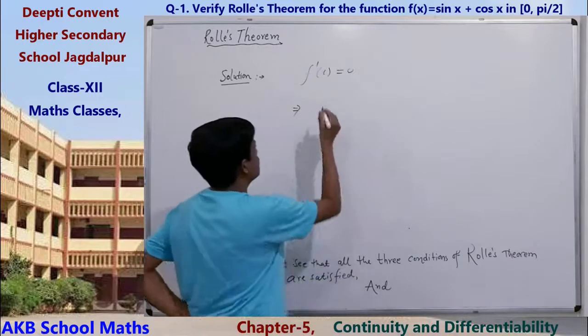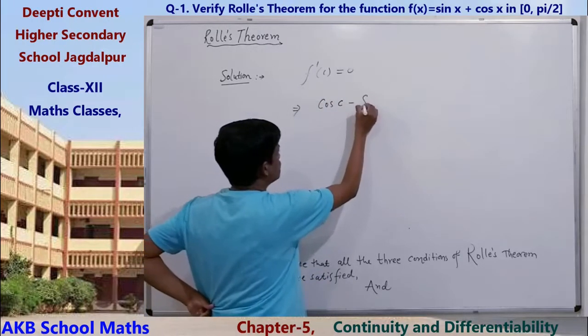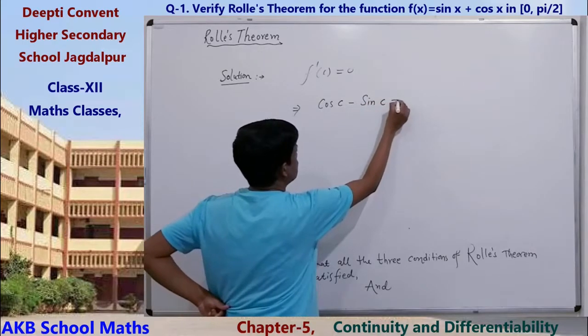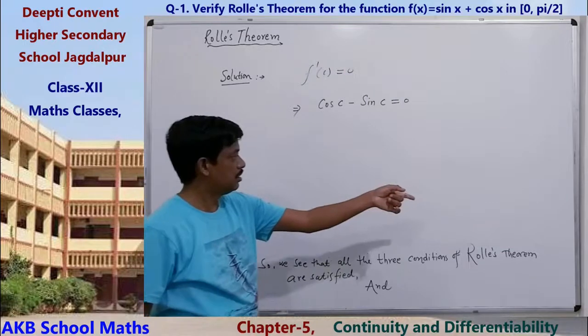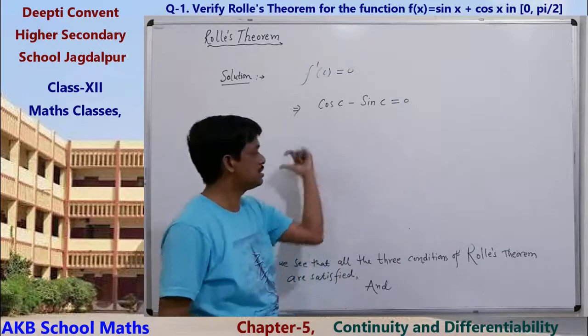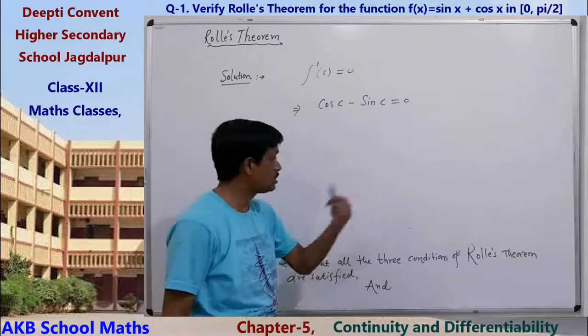Cos x minus sin x. Cos c minus sin c equals 0, because f x equals sin x plus cos x. So f dash x equals cos x minus sin x.